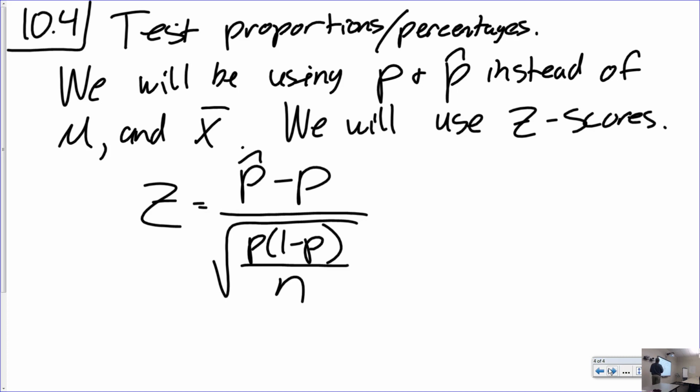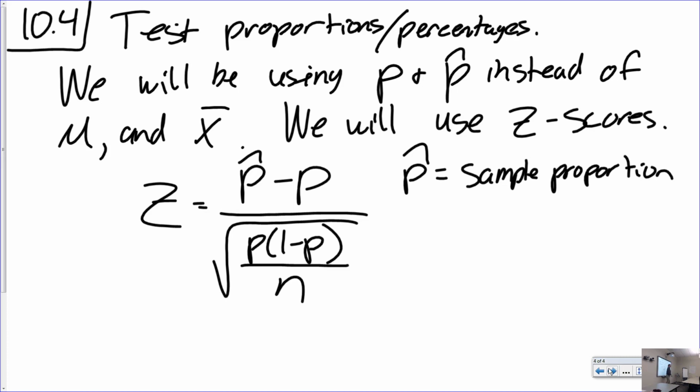Please note again that p hat is the sample proportion, and p is your H0 or your Ha proportion.